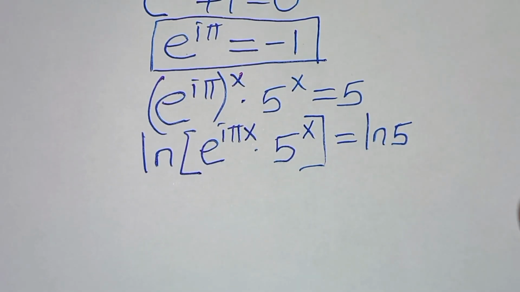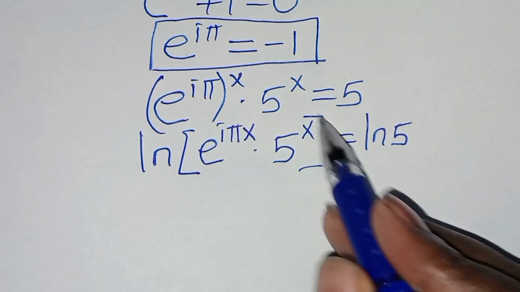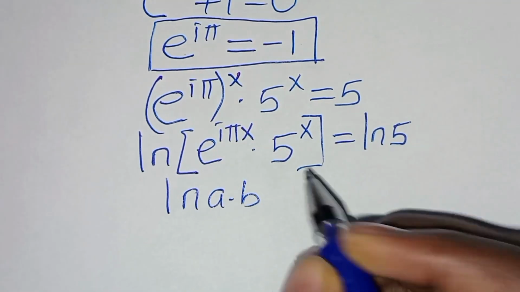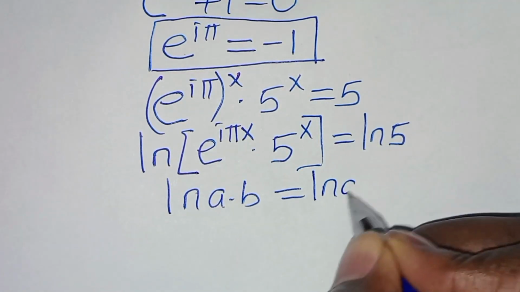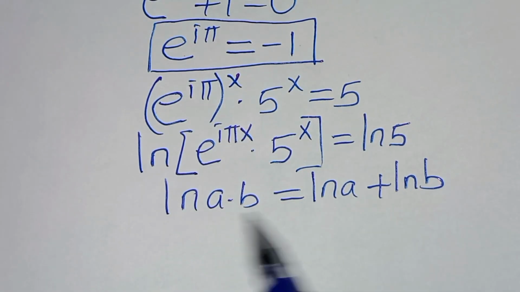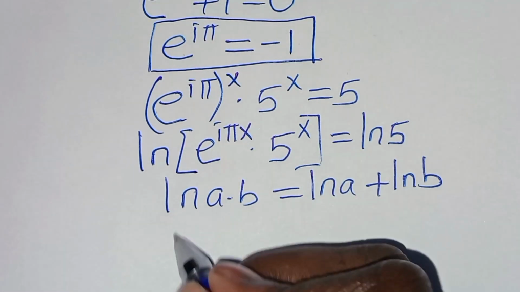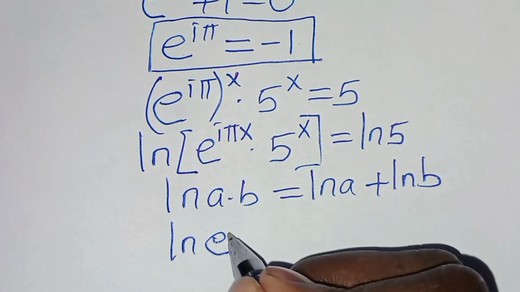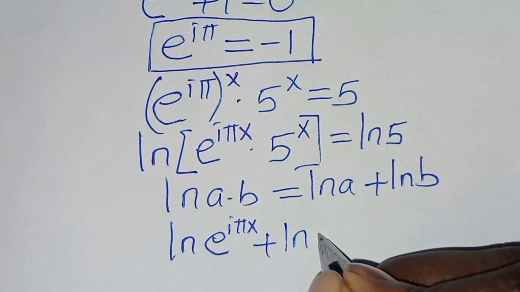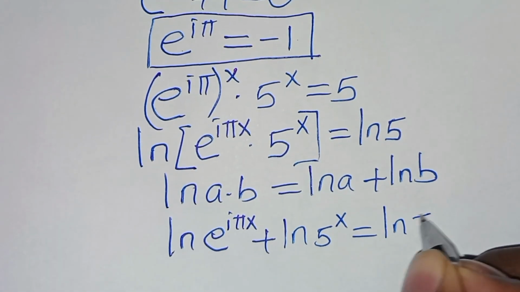So the next step from here, we have that ln of e^(i pi x) times 5^x is in the form of ln of a times b, which we can express as ln of a plus ln of b. Applying this natural logarithm property, this implies that we have ln of e^(i pi x) plus ln of 5^x. This is equal to ln of 5.